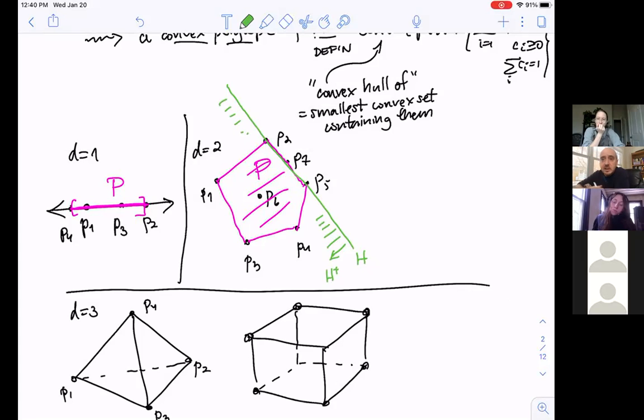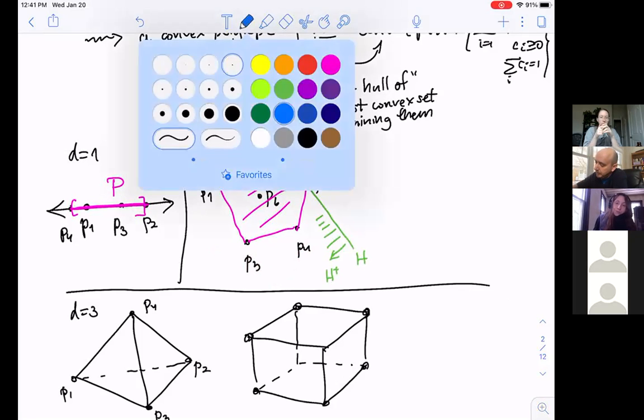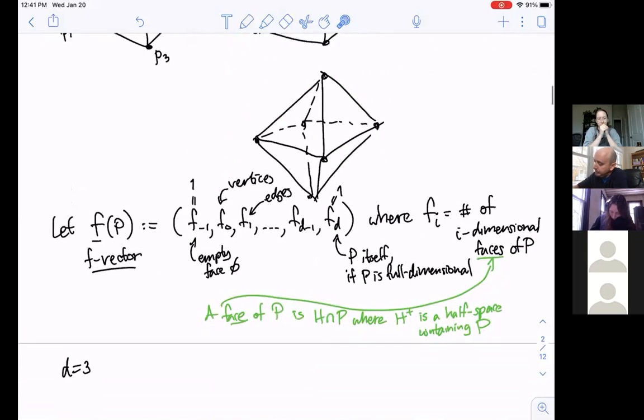Notice this half space has this hyperplane as its boundary and contains my polytope P. But when I intersect just the hyperplane part of the half space, I get this face F that I'm about to darken. I didn't call my typical face F. Let's call it typical face F.